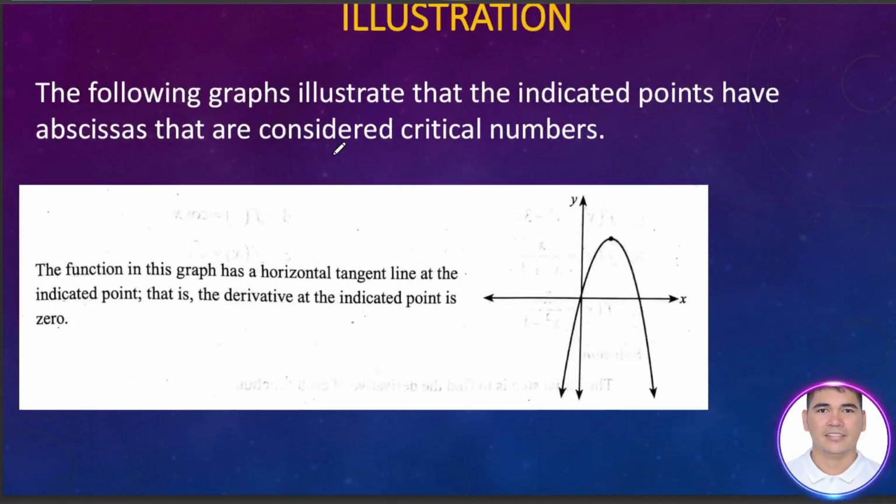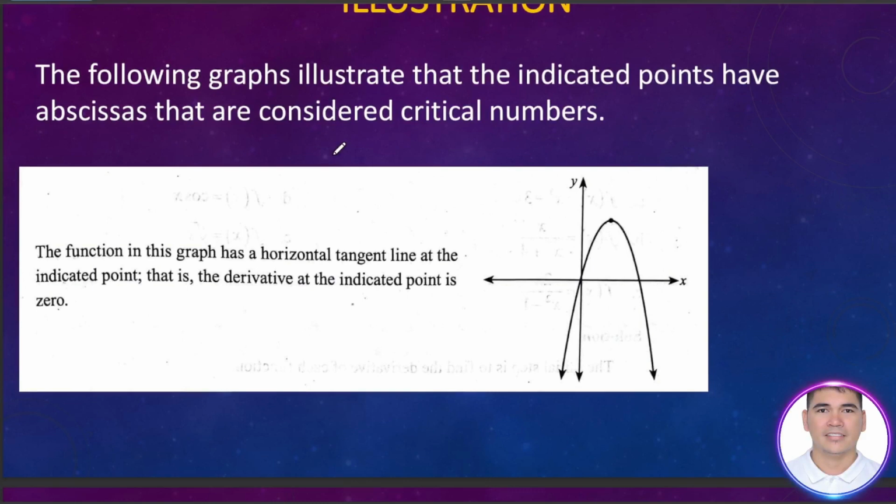Now, this is the illustration. The following graphs illustrate that the indicated points have abscissas that are considered critical numbers. So, from the graph alone, we can determine kung nasaan yung critical number. In this one, according to the definition of the book, the function in this graph has a horizontal tangent line. So, imagine mo na lang may horizontal tangent line dyan.